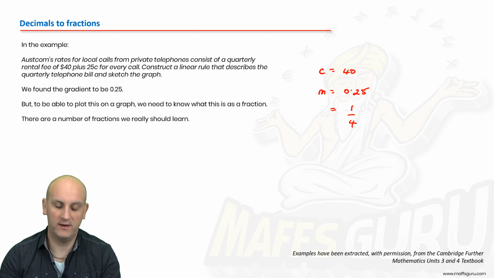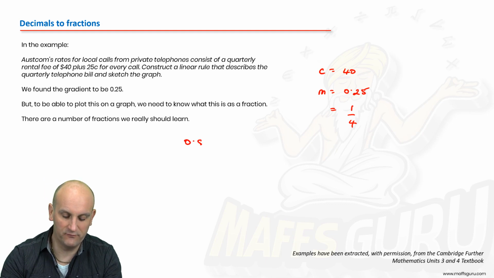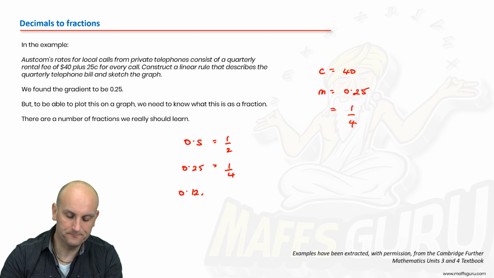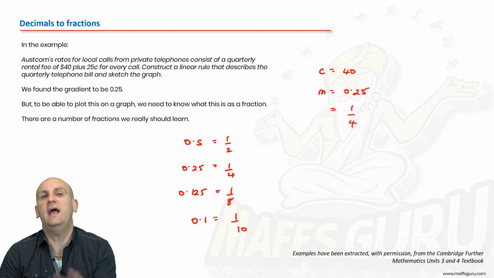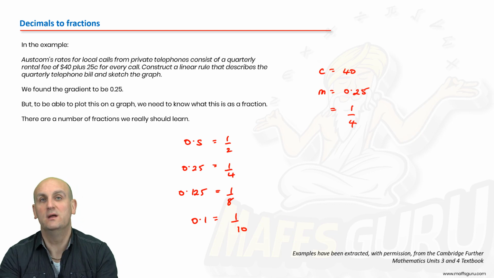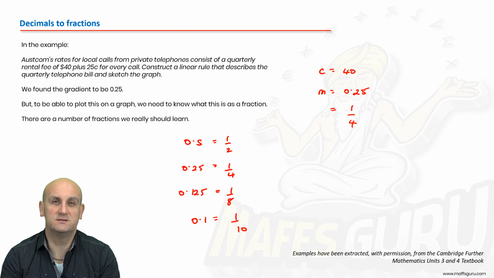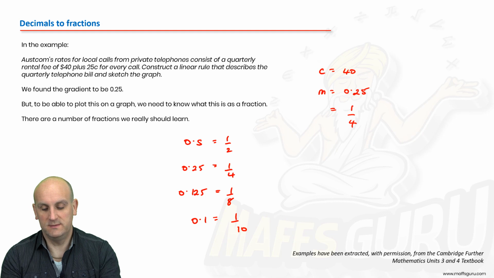There are a number of fractions you should learn. So very simple, 0.5 is a half, 0.25 is a quarter, 0.125 is 1/8, 0.1 is a tenth, and there's lots of others. So if you can, maybe Google and see what the most important fractions are out there and try and learn them, or at least put them in your summary book.